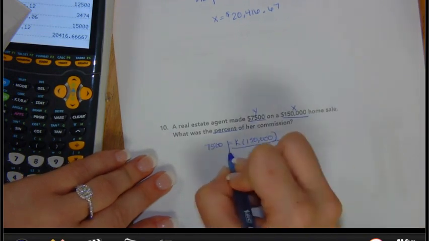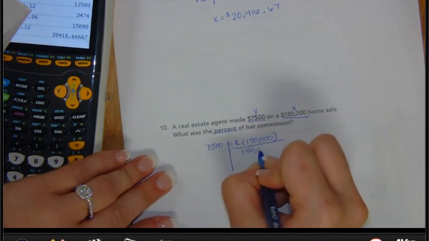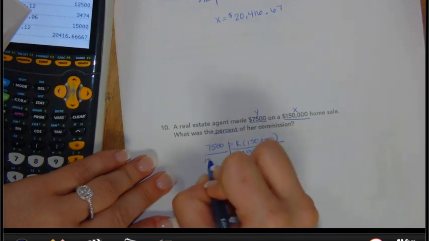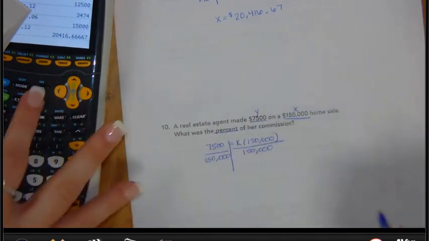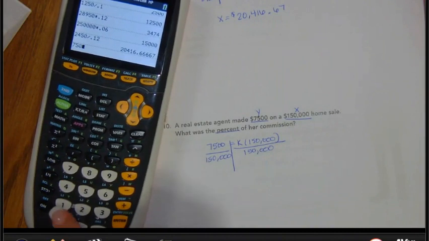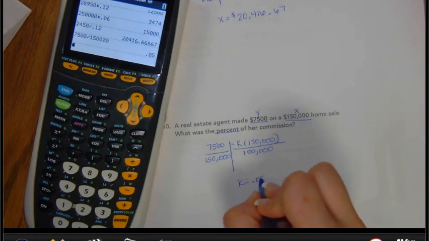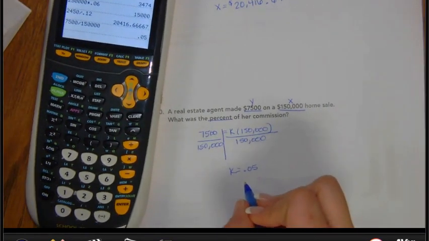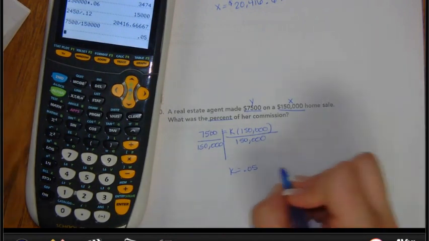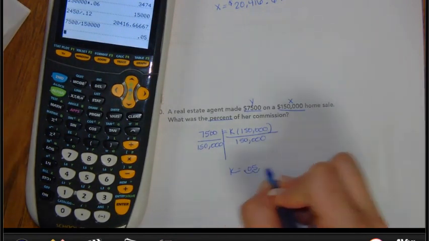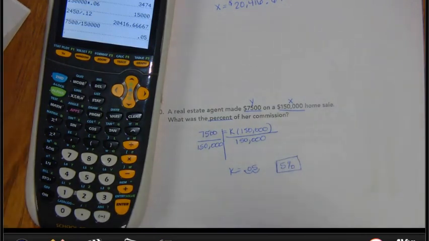Well, to get K by itself, I'm going to have to divide by $150,000. So I have 7,500 divided by 150, and I see that K is equal to 0.05. Well, that's as a decimal. What is it as a percent? As a percent, I'm going to have to move it 2 times to the right to get 5% in commissions. If you guys have any questions over that, please let me know.